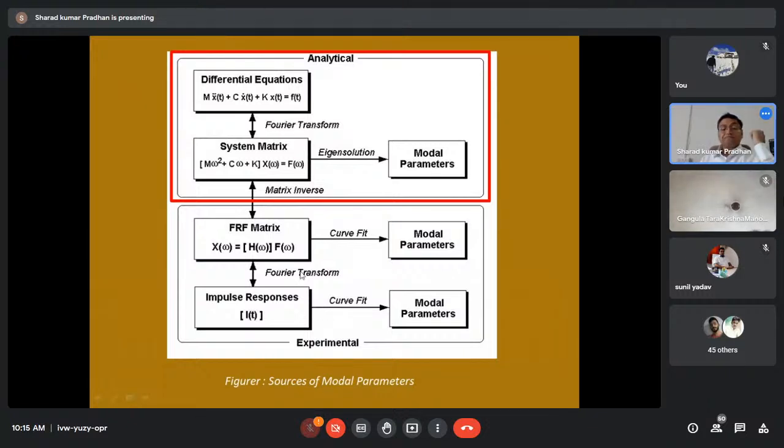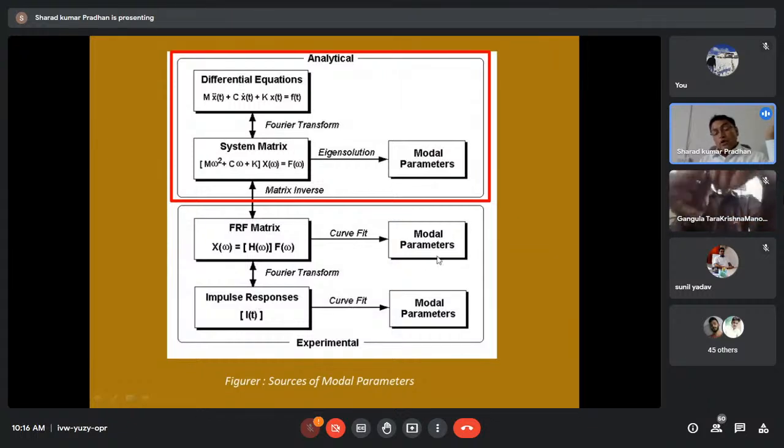Second path, we are having FRF, frequency response functions, that is a response model, and through curve fitting we are getting modal parameters. Either directly from frequency response we can do it, or we can have a time response model, impulse responses, and then through curve fitting we are getting modal parameters.